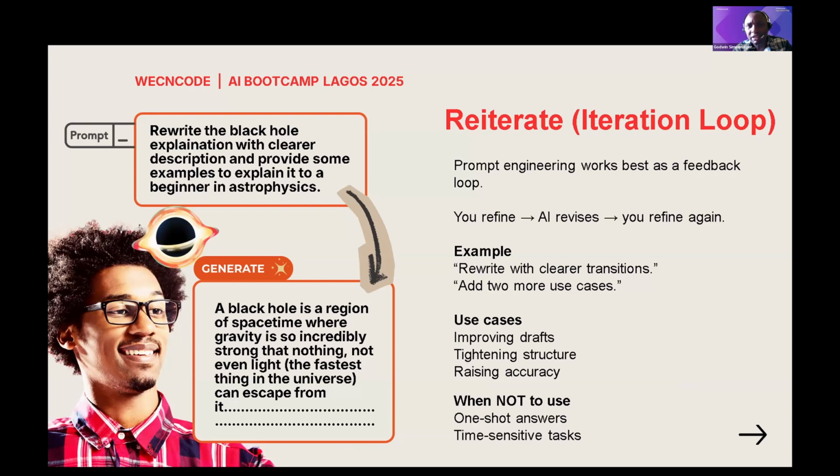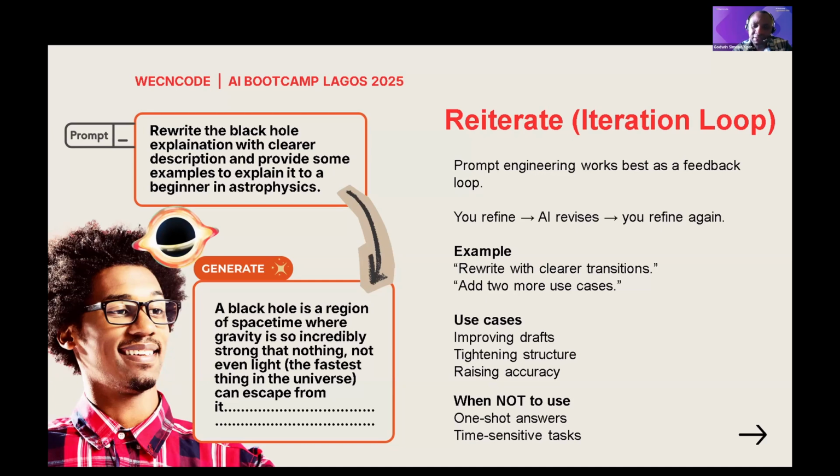You can begin to streamline and say, okay, I like this definition to be concise, make it simple, maybe for a beginner. You refine it and then look at the answer. If it's not fitting, you refine the prompt again, and eventually you will get to the result you want. So that is reiteration. You iterate, change the prompt until you get the result you want.